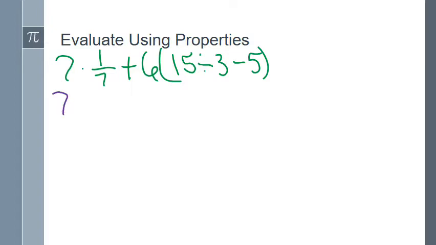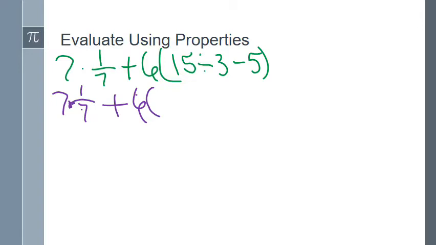So I'm going to stay out here because I know in order of operations, I've got to go inside that parentheses first. So I've got 7 times 1 over 7 plus 6, and I'm going to go ahead and evaluate here first.